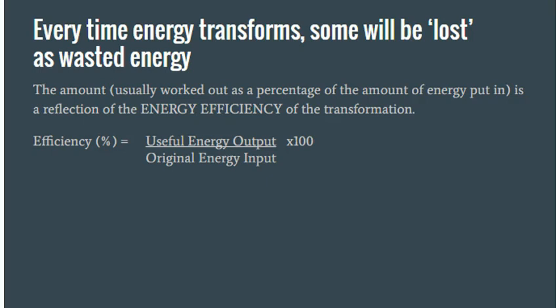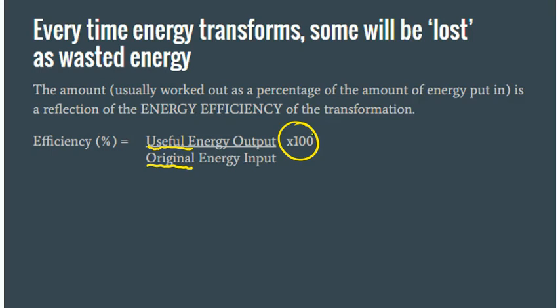If you're asked to calculate how efficient your machine is, this is how you do it. The calculation is basically how much useful energy we get out compared to the original amount of energy that we put in. It's a fraction, and then we times it by 100 to turn it into a percent.